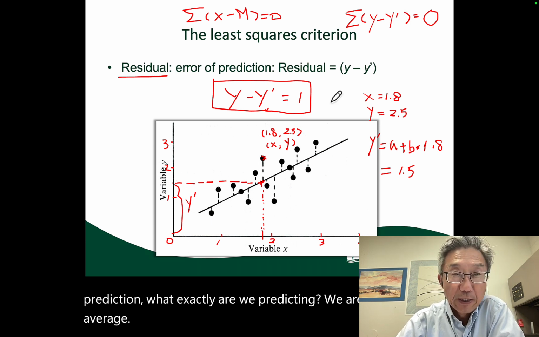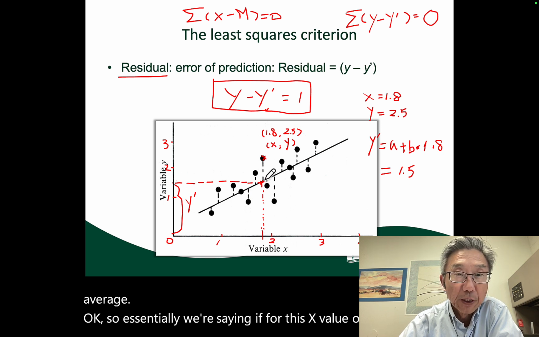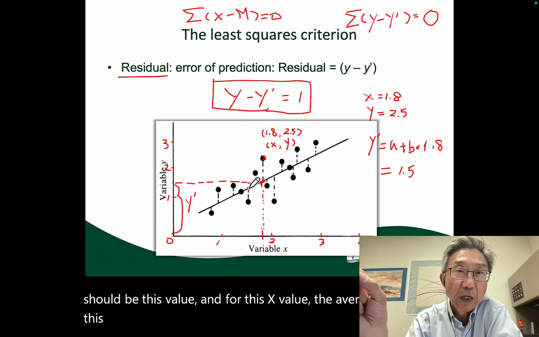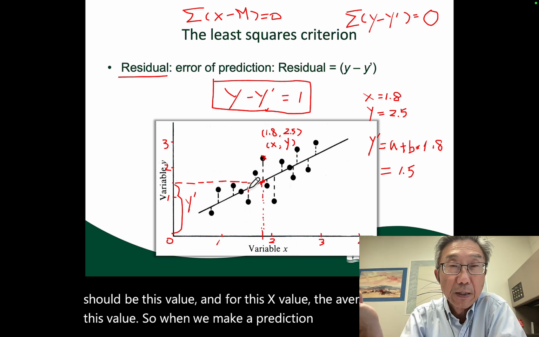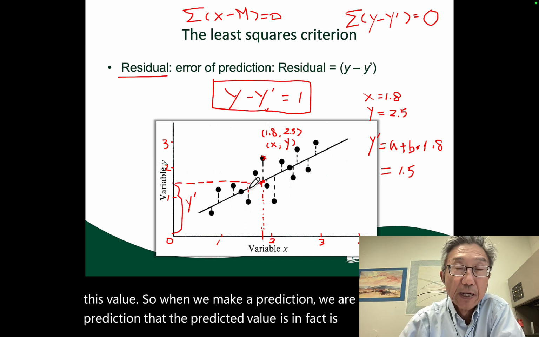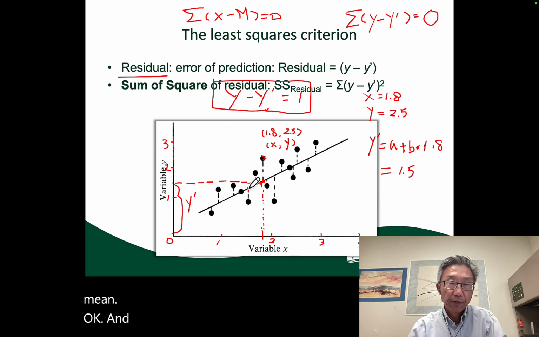Essentially we're saying that for this x value, on average, y should be this value, and for this x value, the average y should be this value. So the predicted value is in fact the mean.